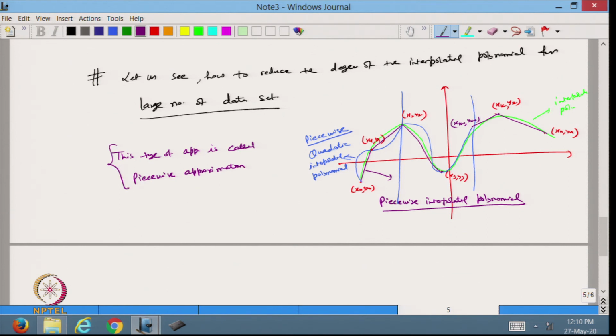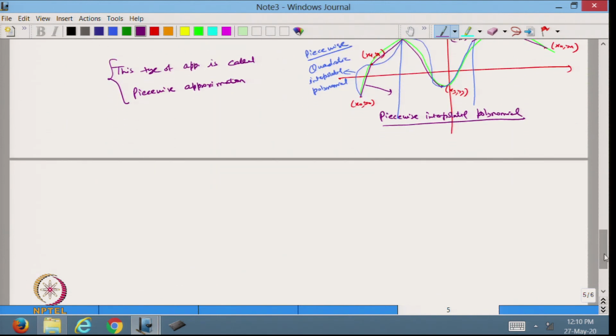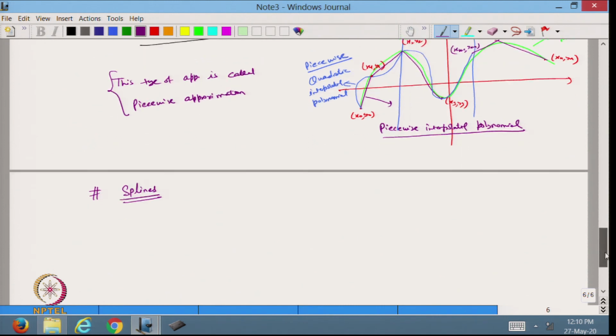So in this case we will define the piecewise approximation, and for that in our course we will go for splines. Basically we are heading toward the splines.